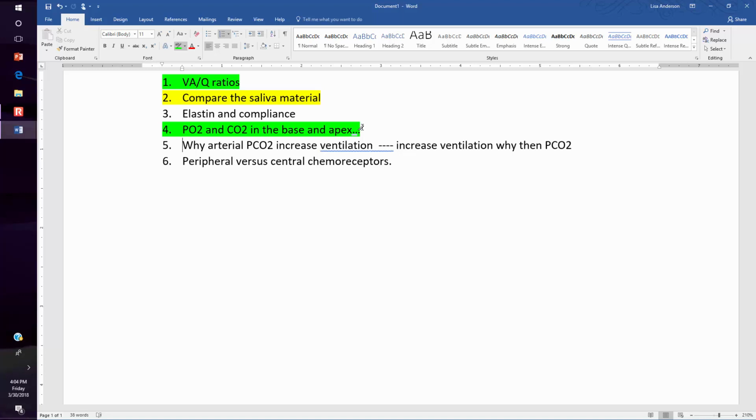The apex is going to exchange and send blood toward the pulmonary vein. The middle is going to exchange and send blood toward the pulmonary vein. And the base is going to exchange and send blood toward the pulmonary vein.